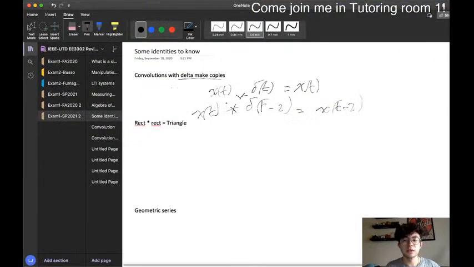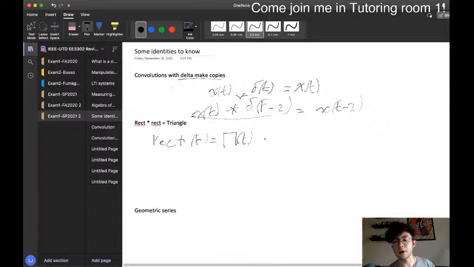Another useful identity involves the rectangle function, so let me define it real quick. This is sometimes written rect, and it's also sometimes written as this pi thing, this upside down rectangle, I guess.